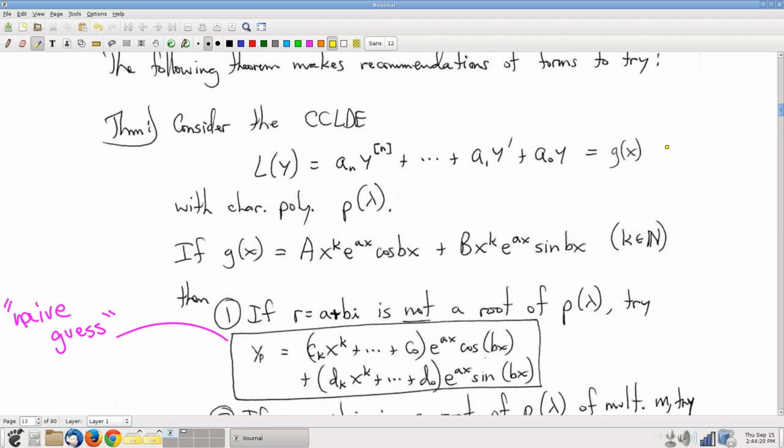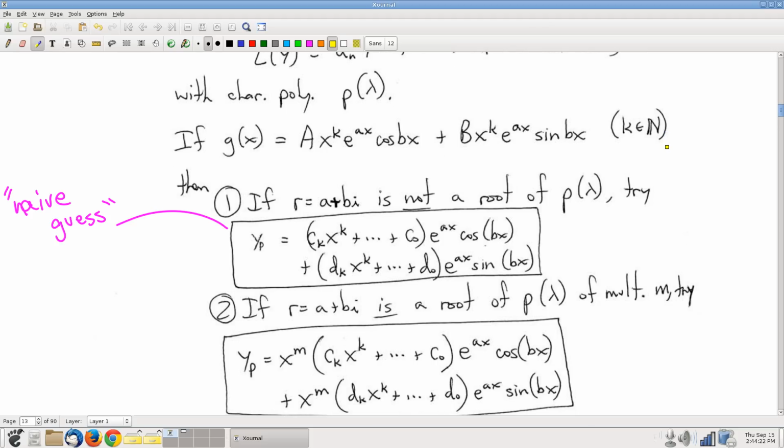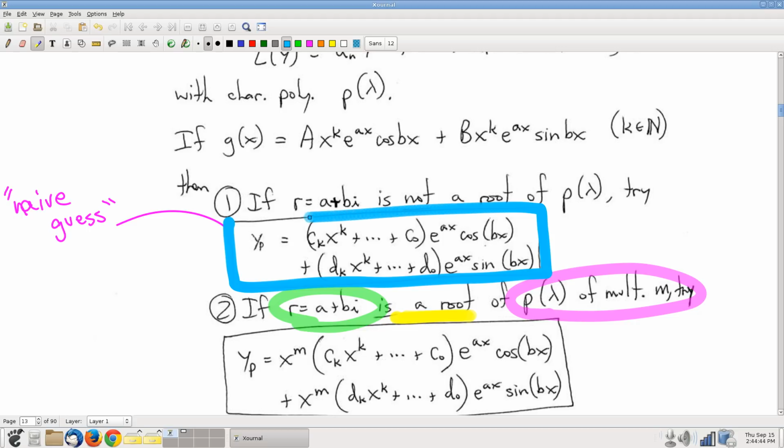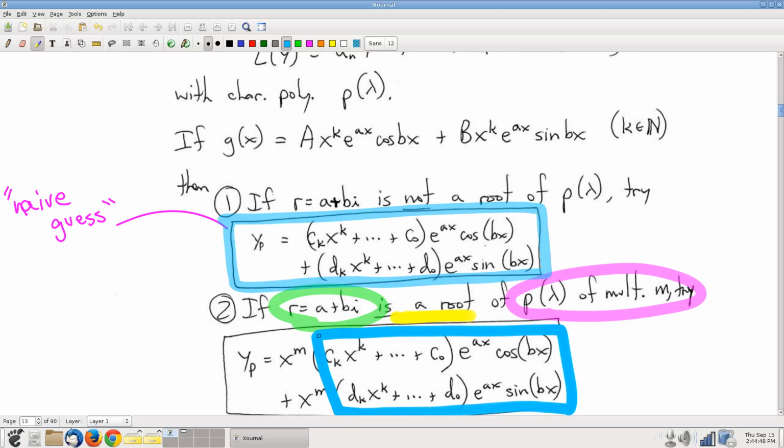Now there is a second part of this theorem, and the second part says, well, what if it is? What if the r from the right-hand side is a root of the characteristic polynomial? Let's say it's a root of multiplicity m. Well, here's the good news. The good news is that even though the naive guess doesn't work anymore, the naive guess is a large part of what actually does work.